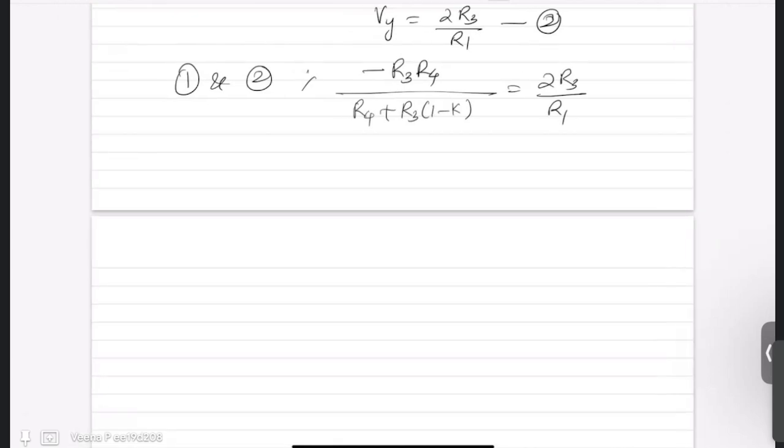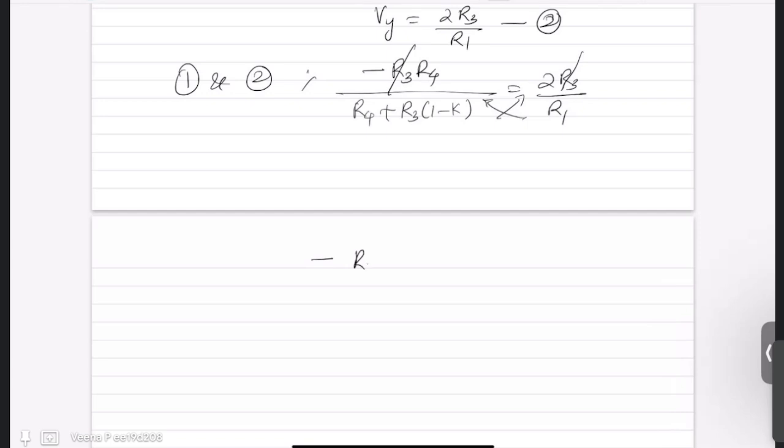That means taking it to opposite sides, minus R1 R3 R4 is equal to 2R3 R4 plus 2R3 into (1 minus K), or I can just cancel R3 on both sides.